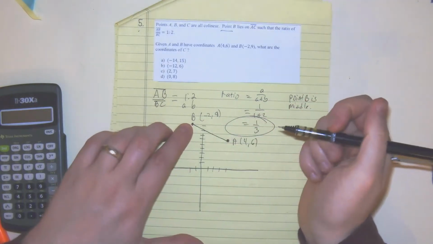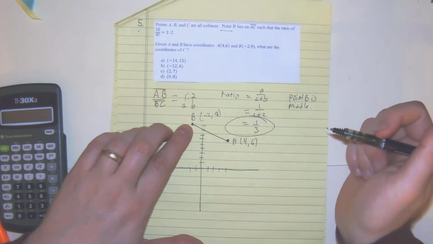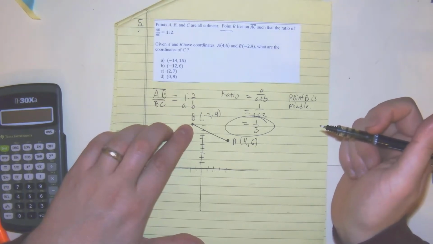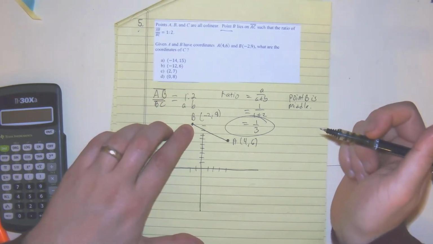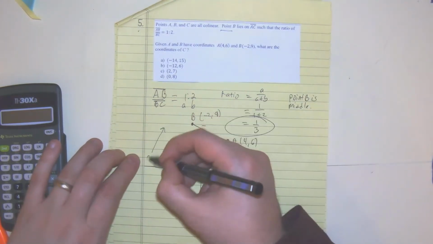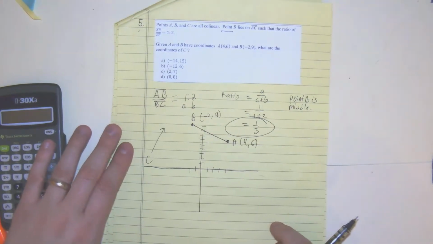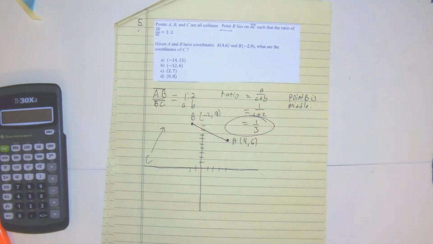And since B is not the middle point, you could say it's like the 3rd point, but it's like the stopping point. So C, using this logic, needs to be in this direction, since it's a line. It's going linearly. So the way I would apply this problem is I would use slope.